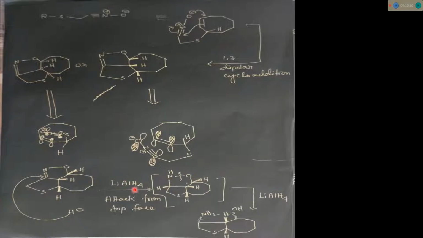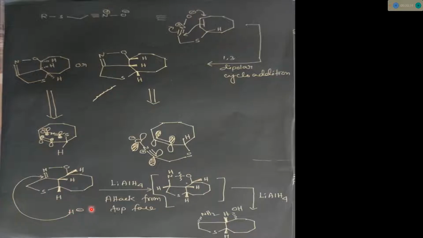So lithium aluminum hydride first attacks this imine carbon from the side where the hydrogens are projected. Here the hydrogens are above the plane, and below the plane are all the substituents, meaning the bottom face is more crowded. That's why hydride attacks from the top side, the same side as the hydrogens are projected.